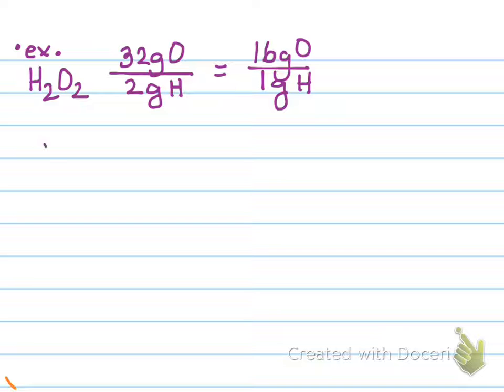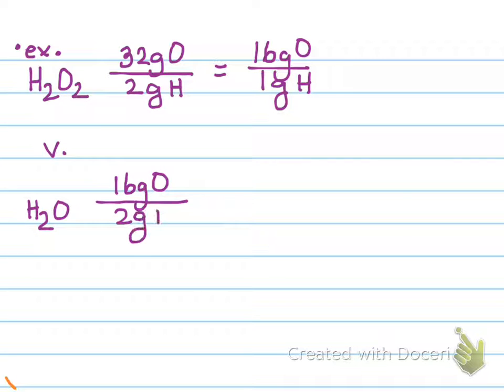Now, let's compare that to water, which is H2O. Oxygen has a mass of 16, but there's only one of it, so that's 16 grams of oxygen. Hydrogen is still a mass of 1, but there are 2 of them, so that's 2 grams of hydrogen. Again, that's not the lowest whole number ratio.